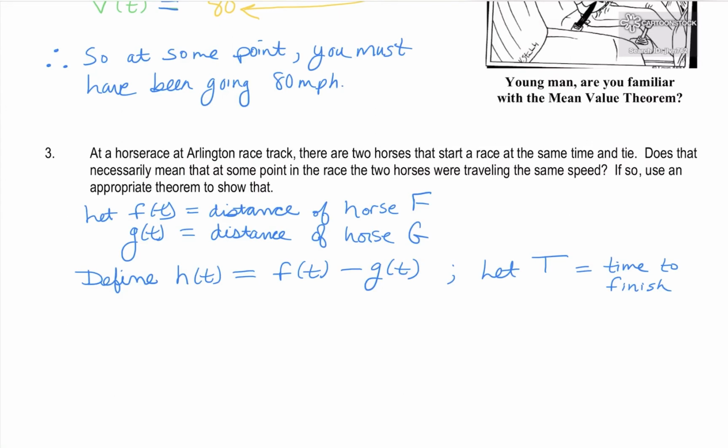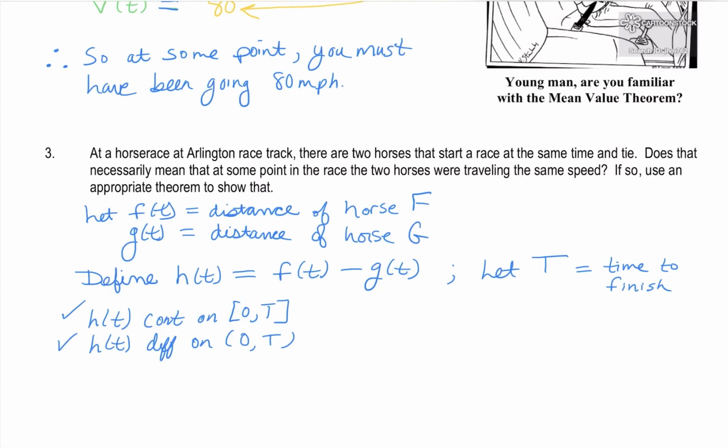All right, so once again, by assumption, we're going to assume that h of t, this difference of two distance functions, is continuous on our closed interval from 0 to capital T, and differentiable on our open interval from 0 to capital T. So we've satisfied the first two criteria for both theorems.